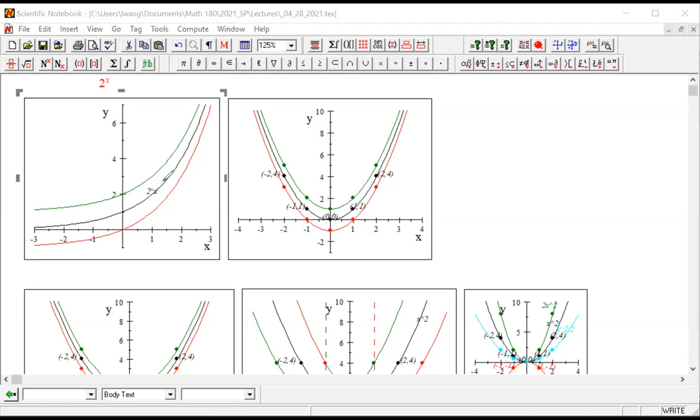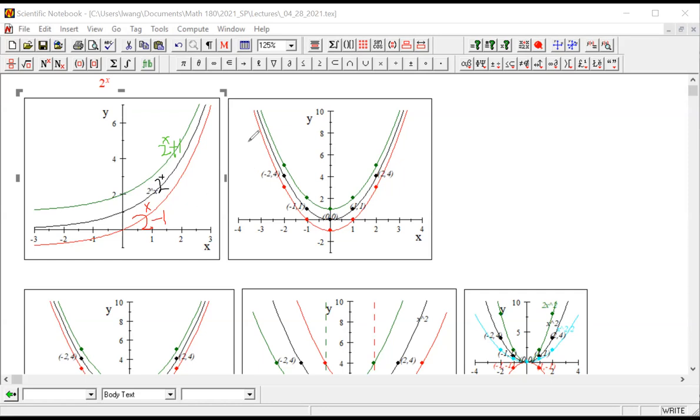The black is 2 to the power of x, and the green is 2 to the power x plus 1. And the red is 2 to the power x minus 1.